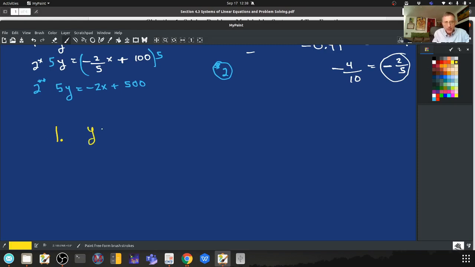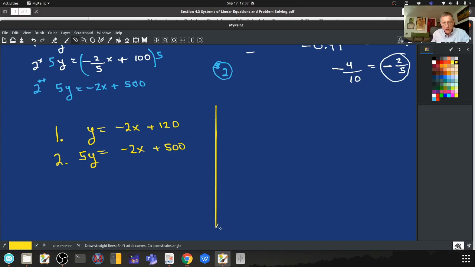y is equal to minus 2x plus 120, and 5y is equal to minus 2x plus 500. And I'm going to do the elimination method to solve this. So what I'm going to do is write these linear equations in the form ax plus by is equal to c.